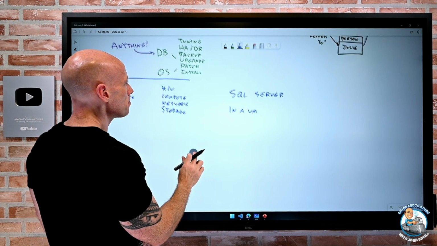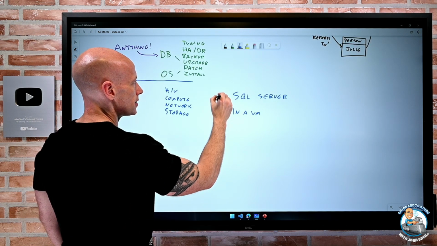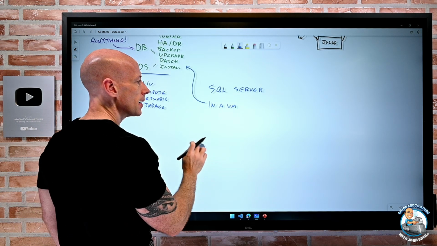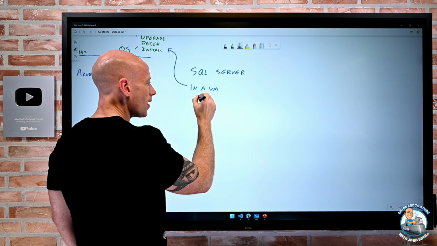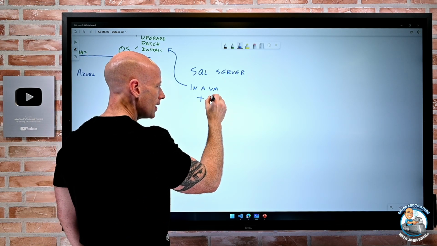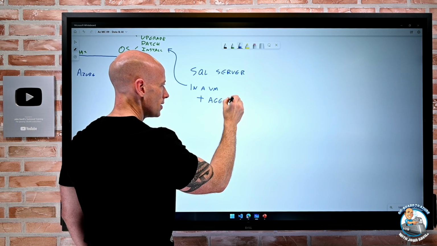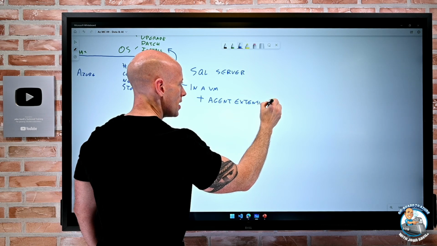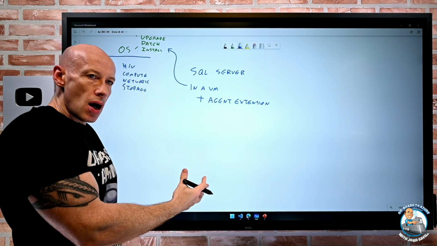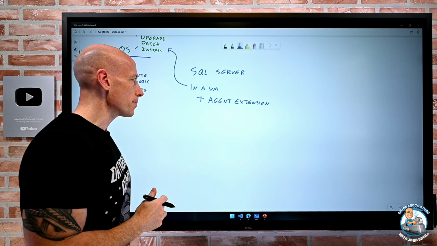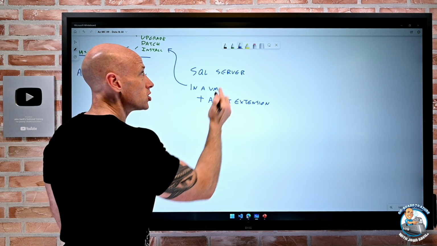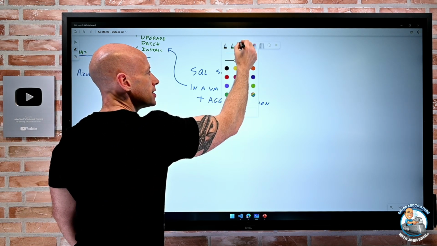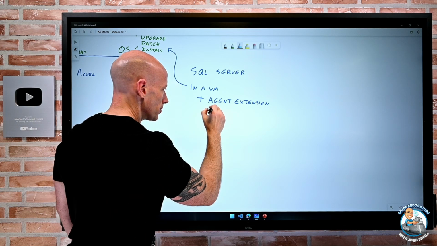But in a VM, sure, it's this model. But what I can then do is add an agent extension. If you take one of the images in the marketplace, it's going to have this for you already. And this agent extension can actually run in two modes. There is a lightweight mode.